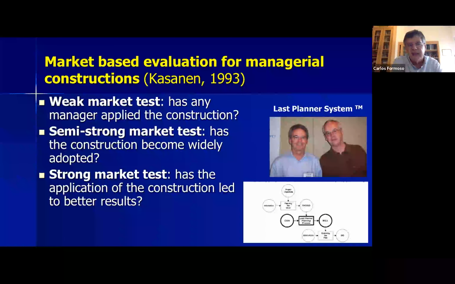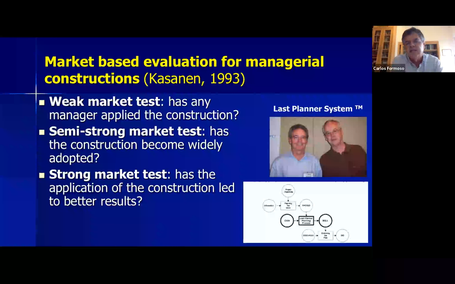There is a second category of market test, which is when an artifact becomes widely adopted. And I have a very good example to give you, which is the Last Planner System, which was developed by these two guys in the picture, Glenn Ballard and Greg Howell.